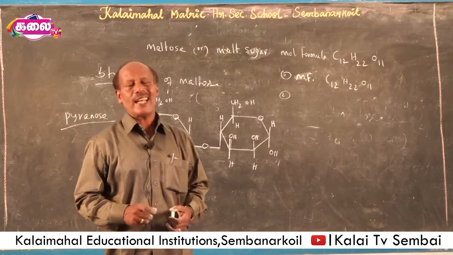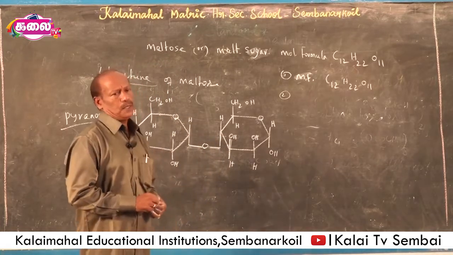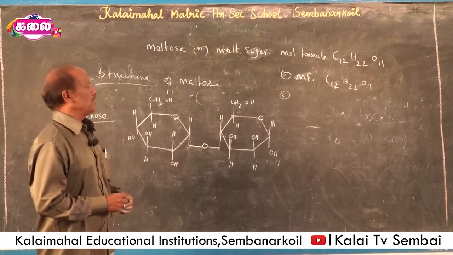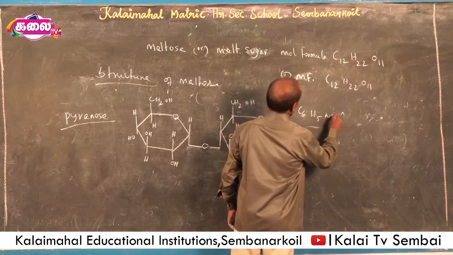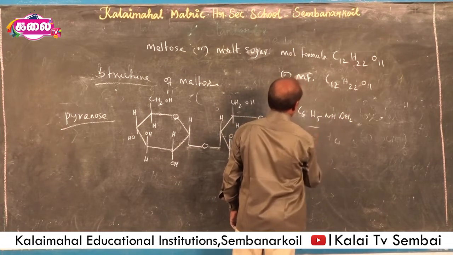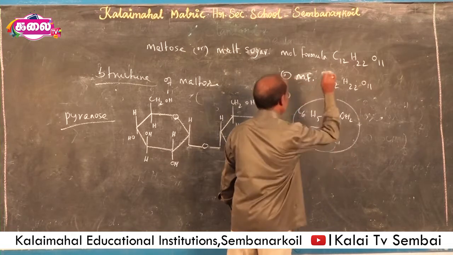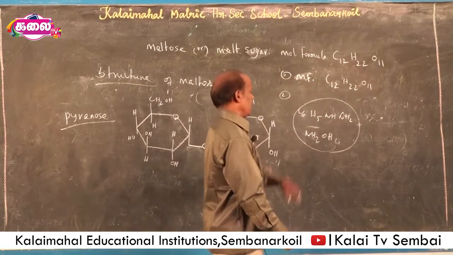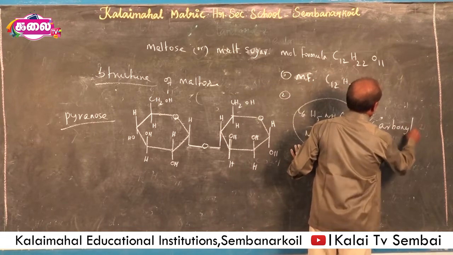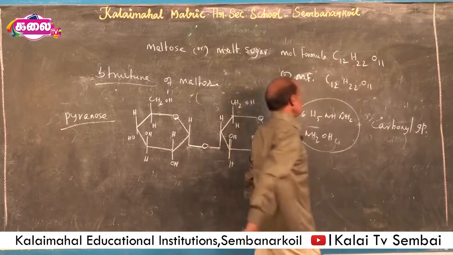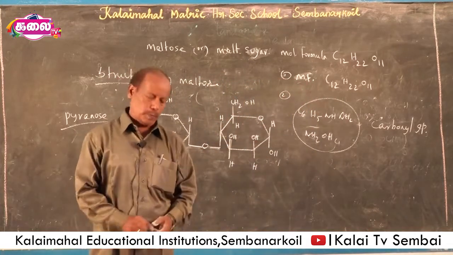These two reactions, with phenylhydrazine (C6H5NHNH2) and hydroxylamine (NH2OH), are characteristic of a compound containing a carbonyl group. This shows that maltose contains a carbonyl group.